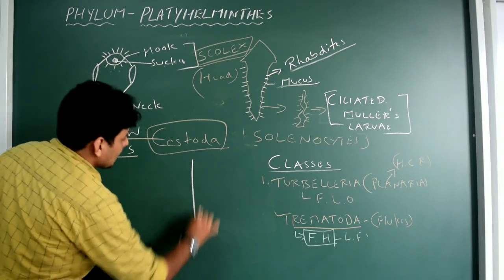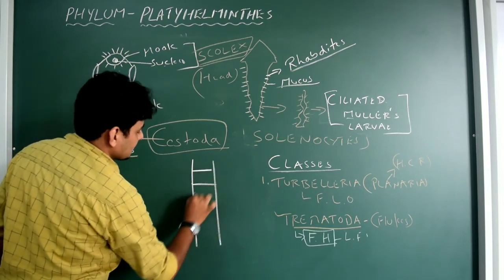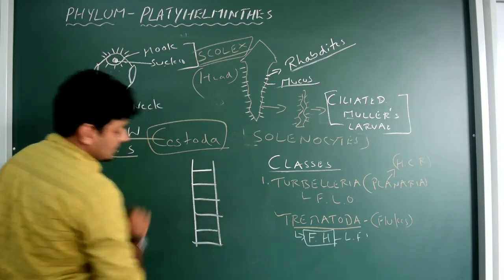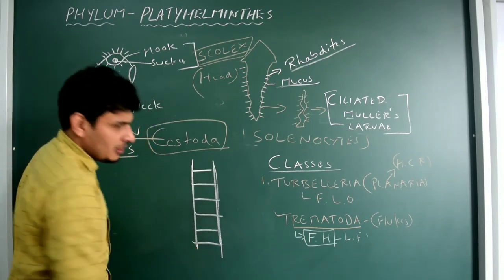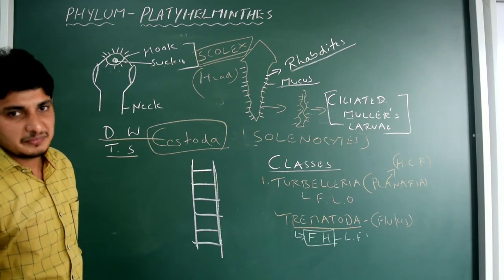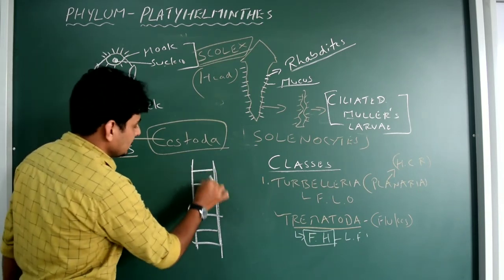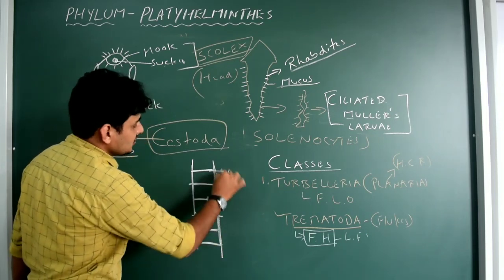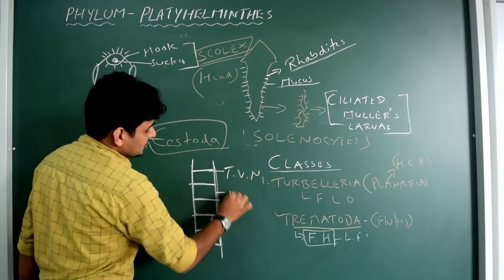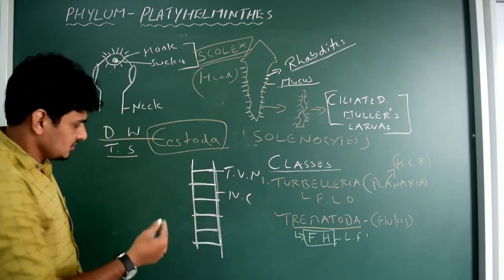The nervous system is ladder-like, like this. See, how many nerve cords are there? A pair of nerve cords. Where exactly? Dorsal or ventral? Ventral. All the time ventral. And you could see these are transverse nerves. They join these nerve cords. Transverse nerves, and this is the nerve cord. I think I have explained this. I still remember it.